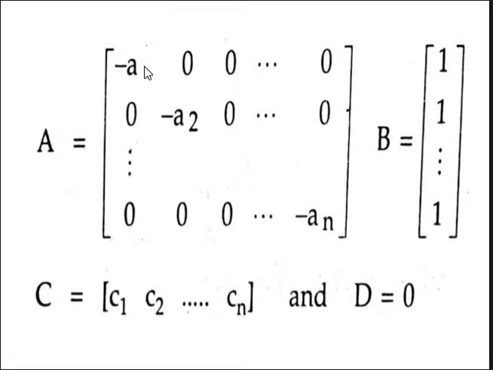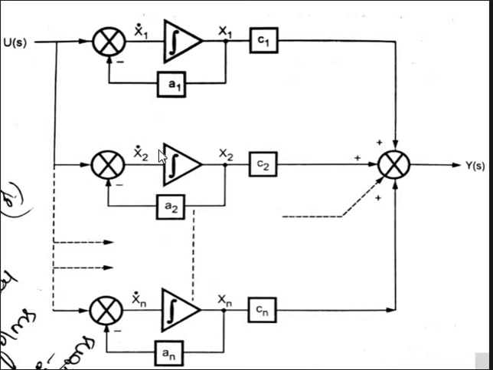The A matrix: this is minus A1, 0, 0, remaining all zeros; 0, minus A2, remaining all zeros; and so on, 0, 0, 0, and so on, minus An. How can I write this A matrix from this diagram?